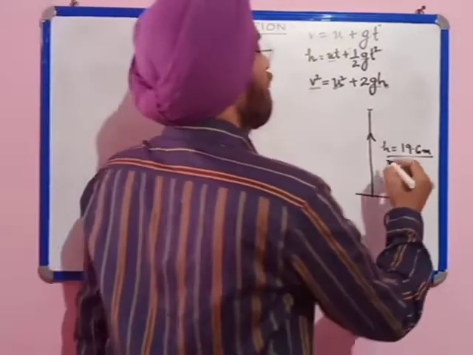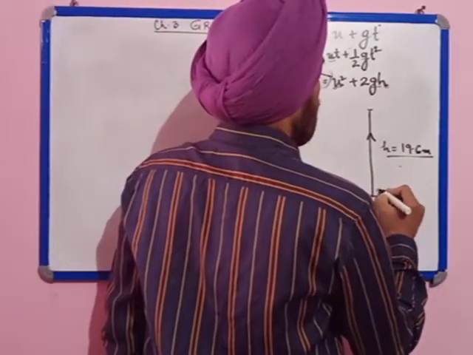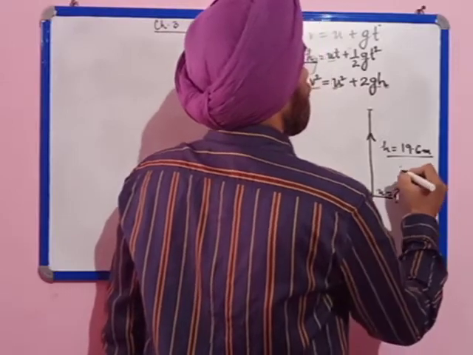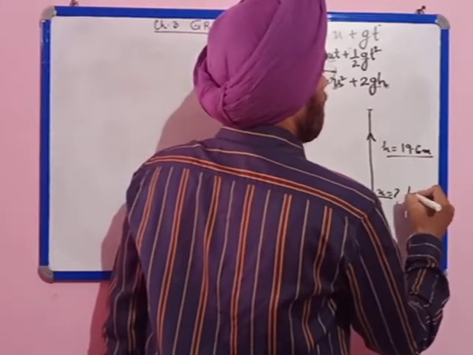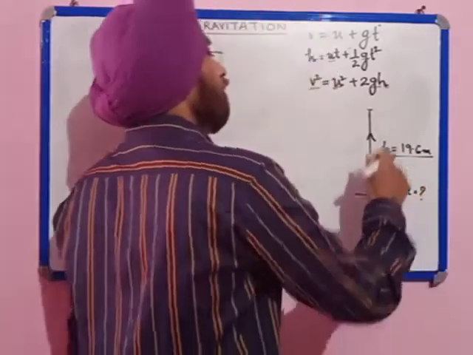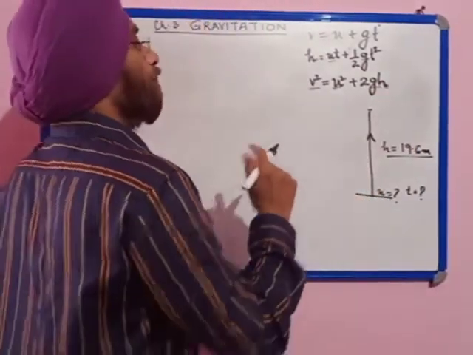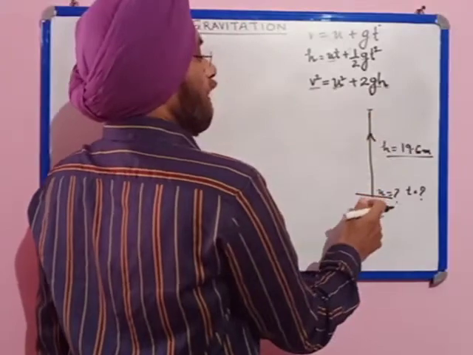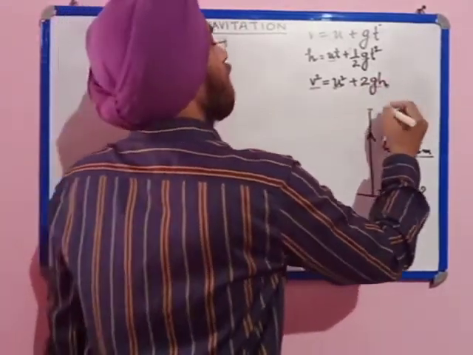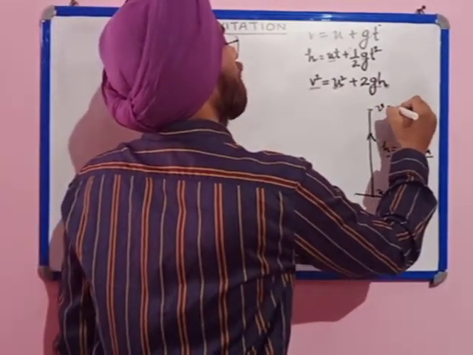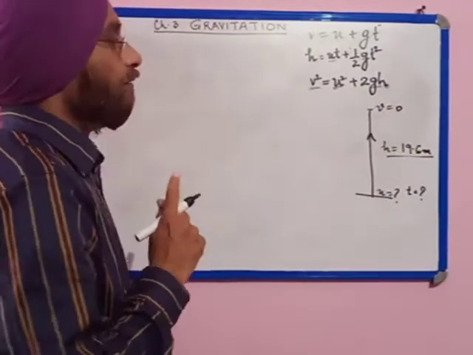Now we have to find out the initial velocity, we don't know it. Second, we have to find out how much time it took to reach the highest point. Here one thing we must note: when it is thrown vertically upward, the final velocity will be 0. So we know the final velocity.